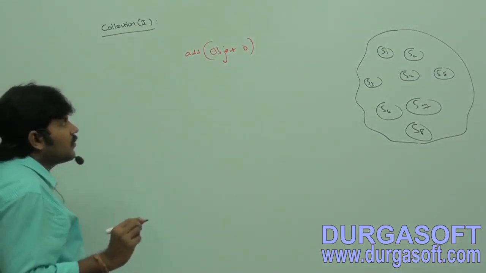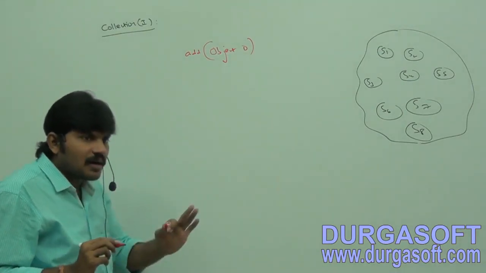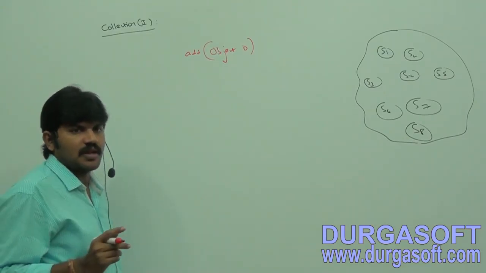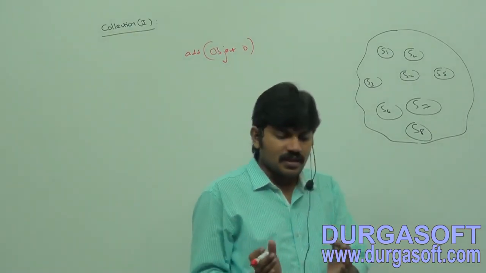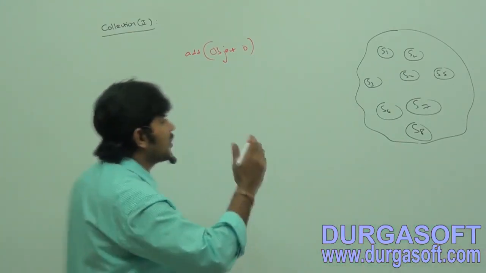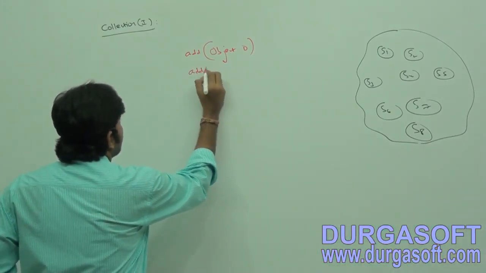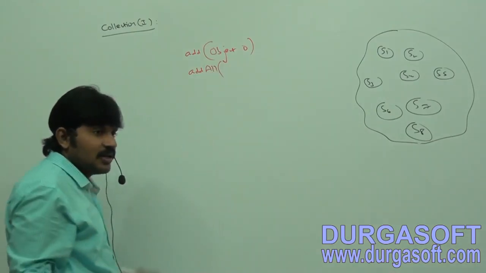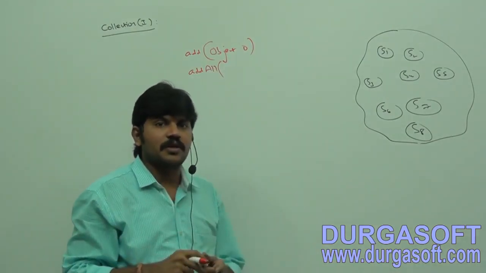Similarly, I don't want to add one object; I want to add these 10 objects to the collection, a group of objects. Then which method do we call? addAll. A group of objects is once again a collection.